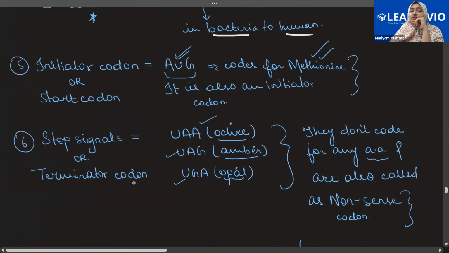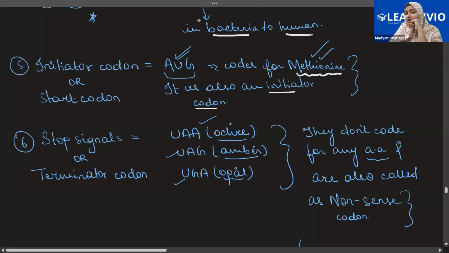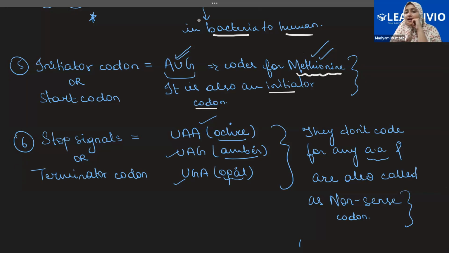Now, the initiator codon or the start codon, AUG, is responsible for coding for the amino acid methionine. But apart from that, it also acts as an initiator codon, meaning it will start the process of any kind of reaction. So it is an initiator codon, and it codes for methionine also.